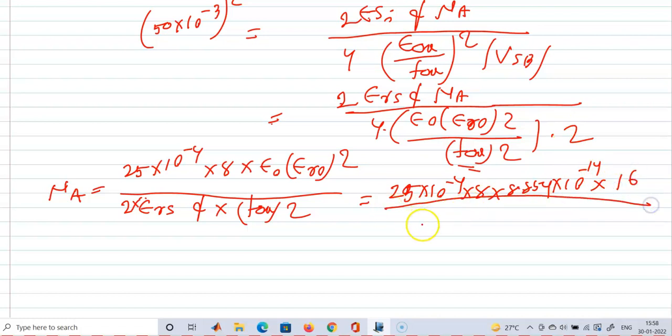Then come to the 2 into silicon, they have given 12 as the relative permittivity. Then q is 1.6 into 10 to the power minus 19. Then TOX, how much is the TOX they have given? Let us check.